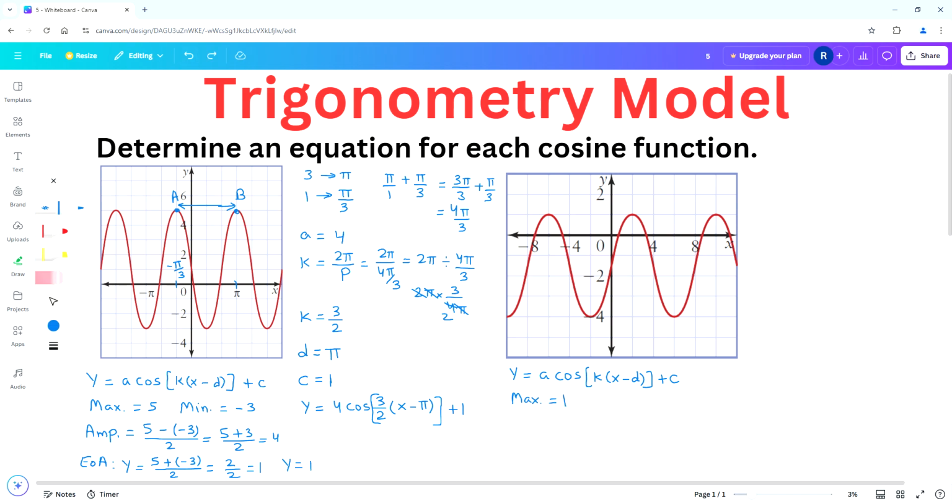The minimum value is -4. We can use these values to find the amplitude and equation of axis for this function.